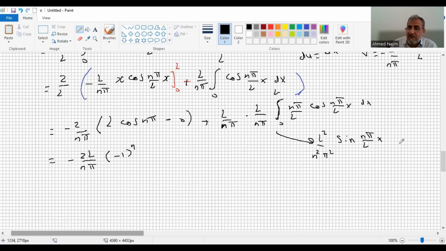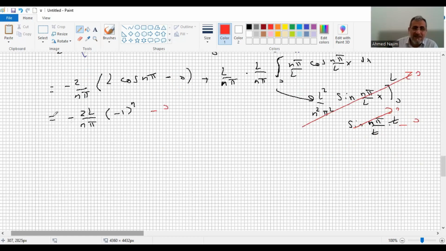The integral is from 0 to L. If we replace x by L, this will be sine n pi, and sine pi is 0, sine 2 pi is 0, sine 3 pi is 0. So this will be 0. Minus, if I replace 0, sine 0 is 0. So this will be all 0, so it will be minus 0. This is the answer.